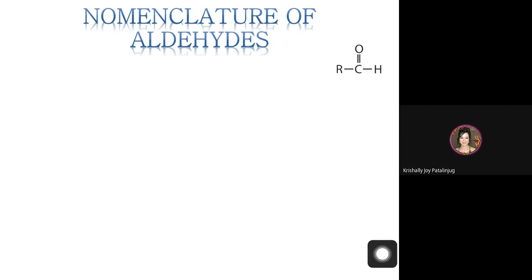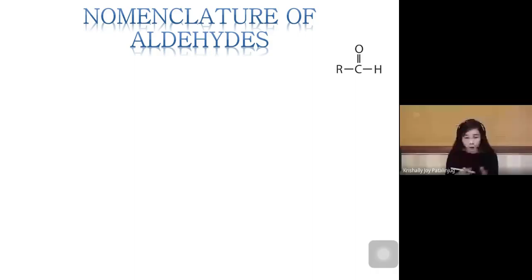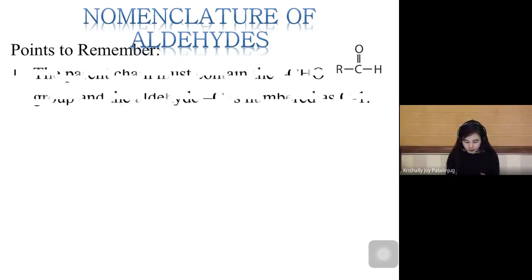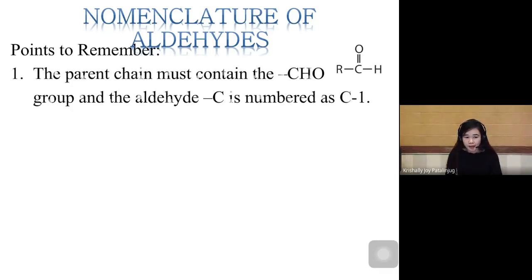For naming any organic compounds, again the first step is always the same. These are points to remember, so I will not give step 1, step 2. You know already the basic steps in naming. These are just the indicators or points you should remember in naming aldehyde.